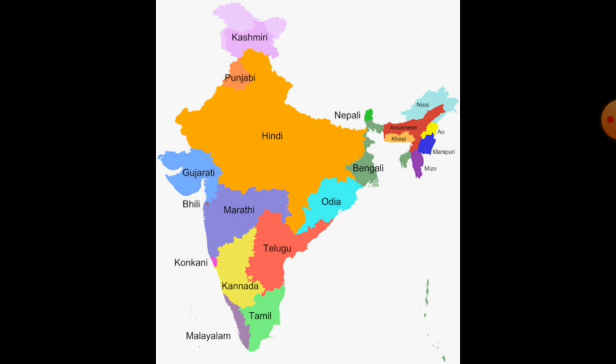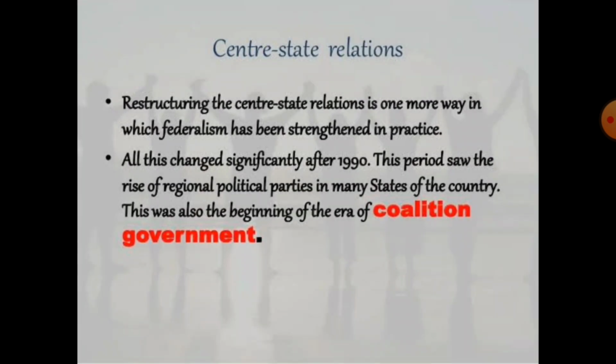Then the next factor which made federalism successful in India is central-state relations. For a long time, the state governments did not exercise their rights as autonomous federal units.